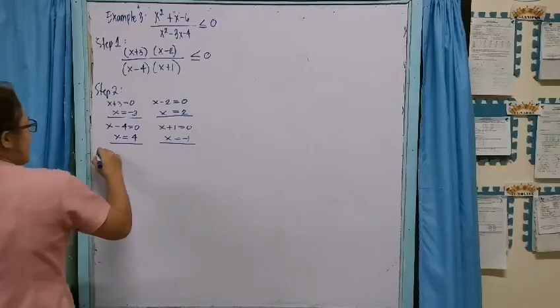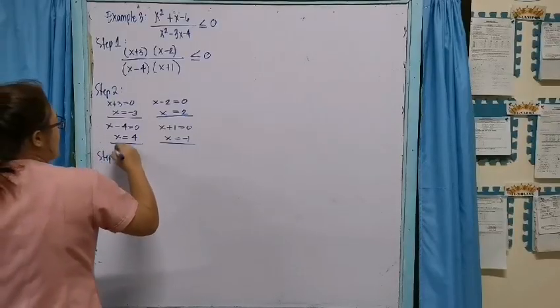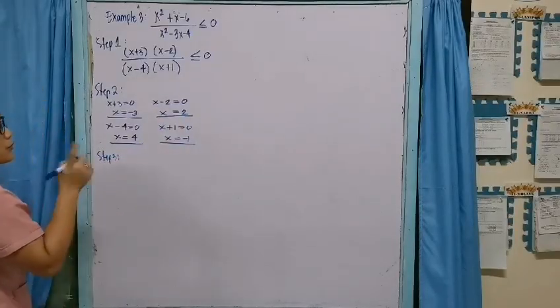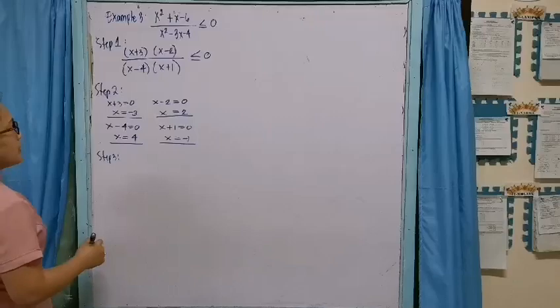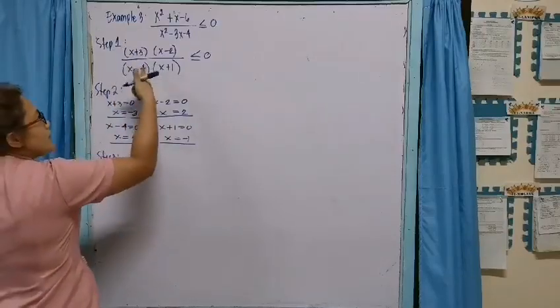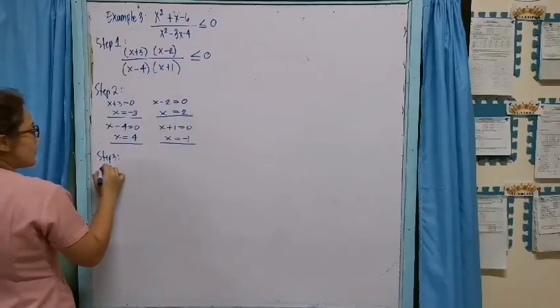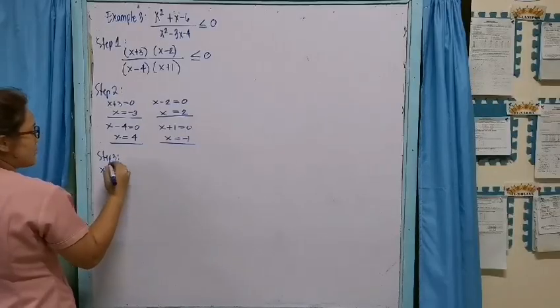Then step 3, you substitute each one, to know on the number line whether it is included or excluded. Let's start with x equals negative 3.